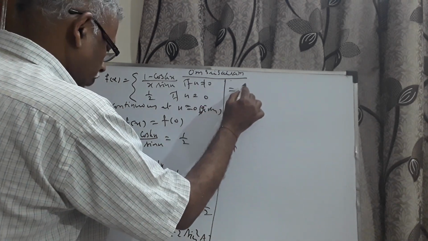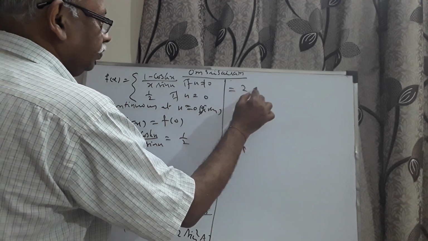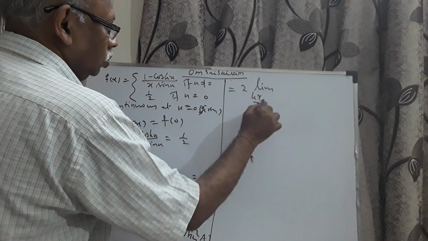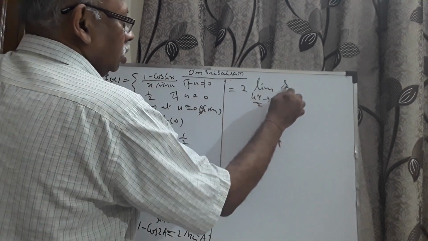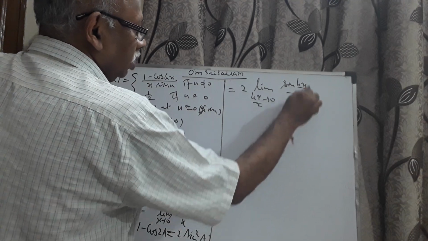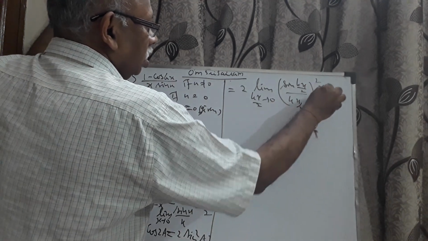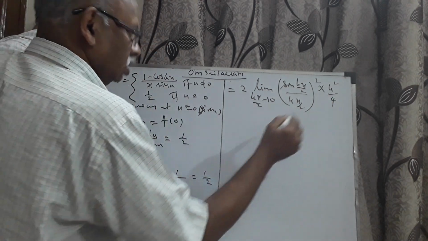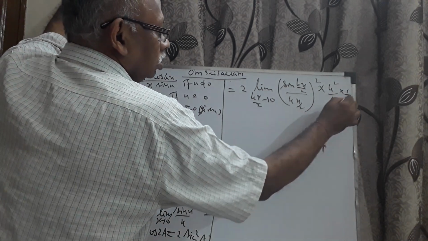Therefore, I'll take this 2 outside. The limit as kx by 2 tends to 0 of (sin kx by 2) by (kx by 2), the whole square, into k square by 4. Multiply and divide by k square by 4.